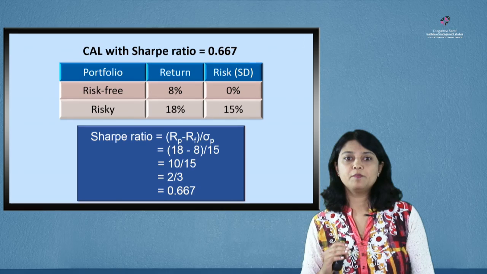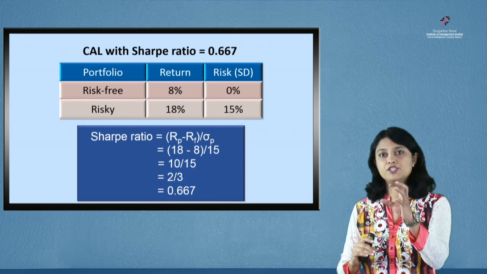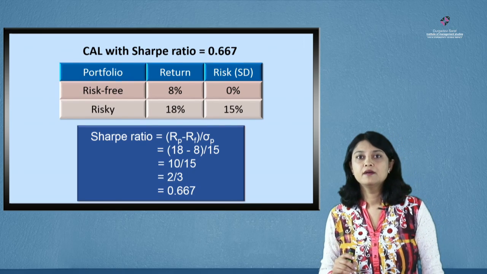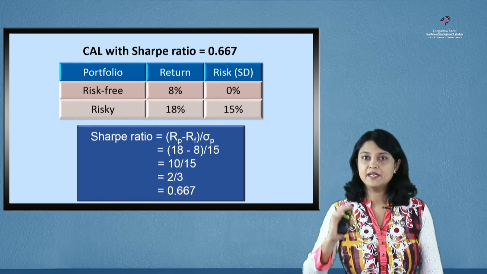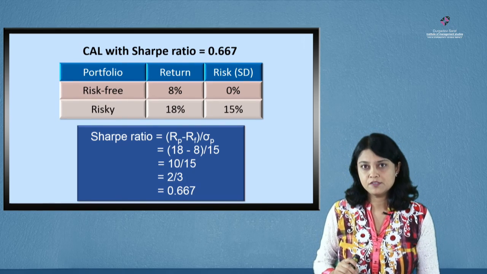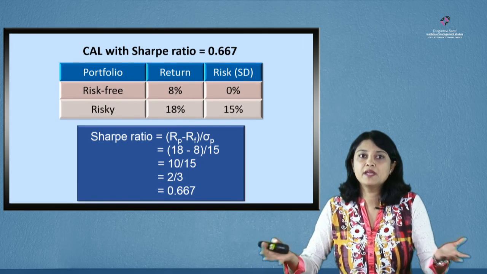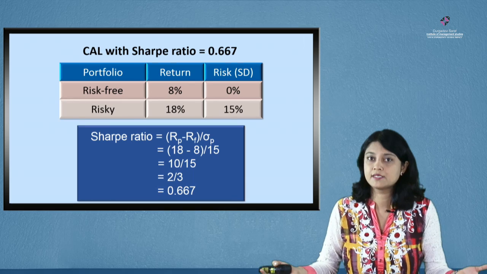Let me check the Sharpe ratio formula. The Sharpe ratio formula is the excess return, technically RP minus RF, that is, beyond the risk-free return, beyond what is given to any Tom, Dick and Harry without assuming any risk.